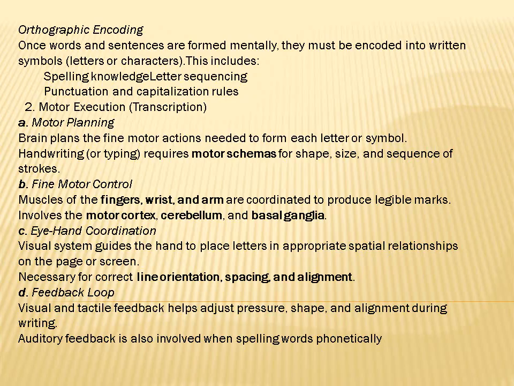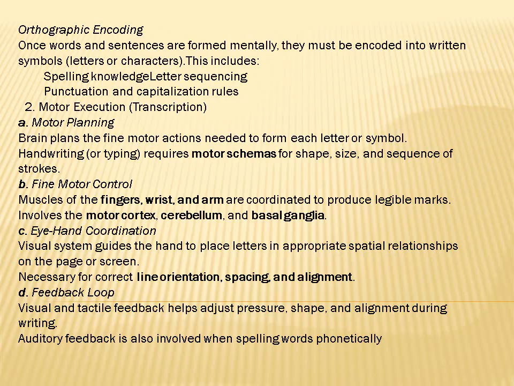This involves the motor cortex, cerebellum, and basal ganglia. 3. Eye-hand coordination. The visual system guides the hand to place letters in appropriate spatial relationships on the page or screen, necessary for correct line orientation, spacing, and alignment.